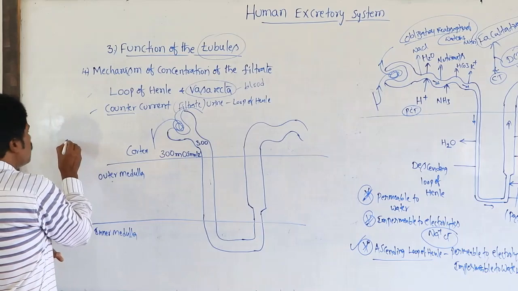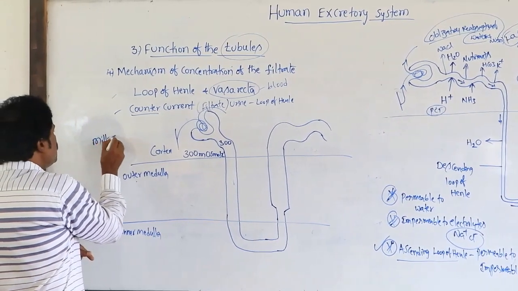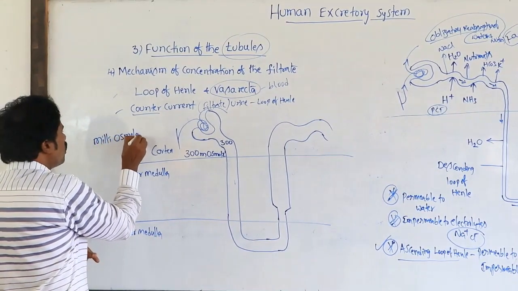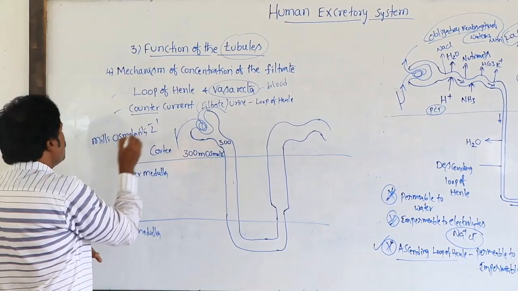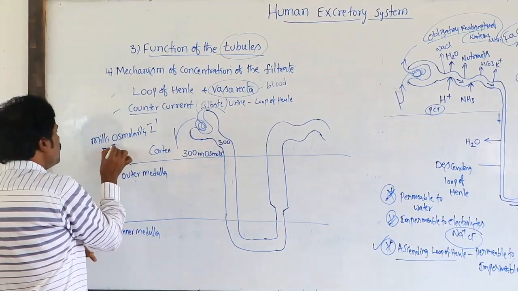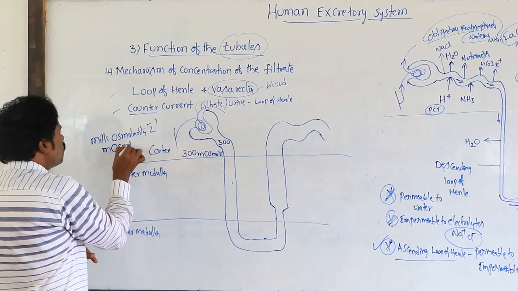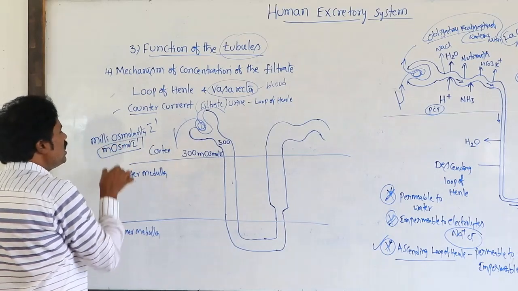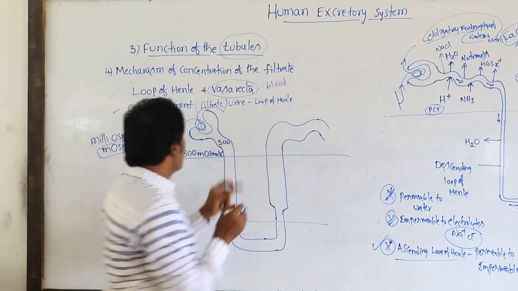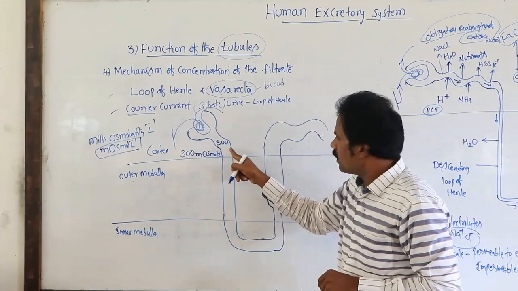Normally it is represented as milliosmolarity per liter, with the symbol mOsm/L. So what is the milliosmolarity?